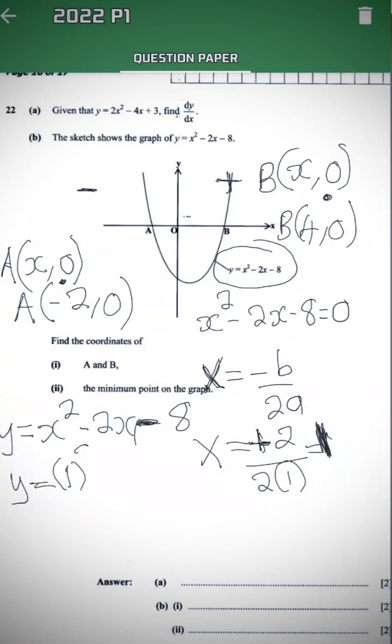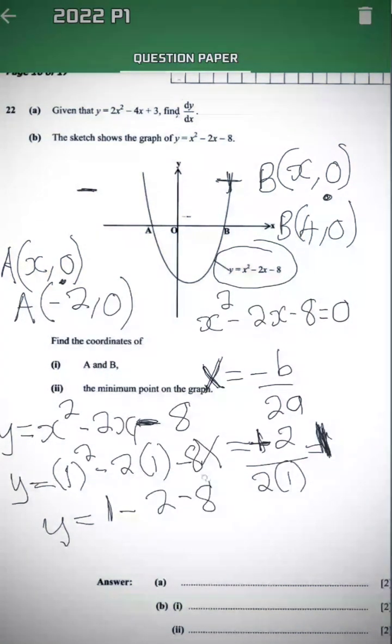So that is 1 squared minus 2 times 1 minus 8. This is y equals 1 minus 2 minus 8, which is negative 1 minus 8. The final answer is negative 9. So this is our turning point.